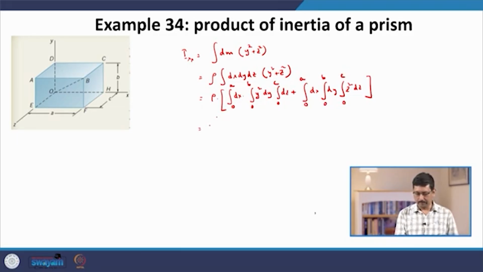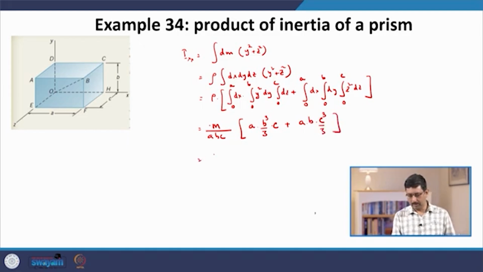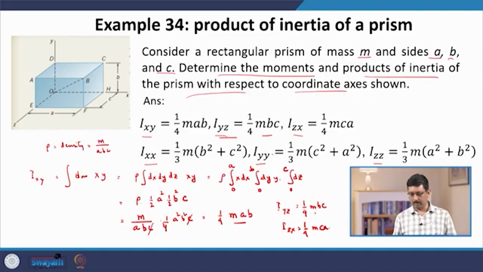So, this becomes, rho we can write as m by abc, and then the first term is a times b cube by 3 times c, plus the second term is a times b times c cube by 3. After simplification it becomes 1/3 m times b square plus c square.